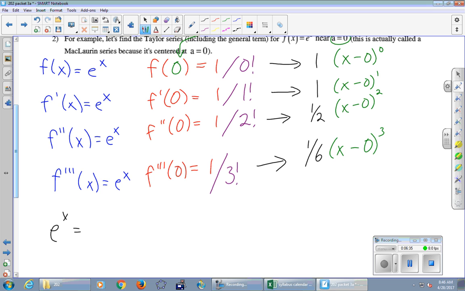What is it? It's just 1, right? X minus nothing to the 0 is 1. Now we're putting plus signs. The next term is just what? X, right? Just 1x. Plus, next term, x squared over 2, plus x to the third over 6, plus dot, dot, dot.